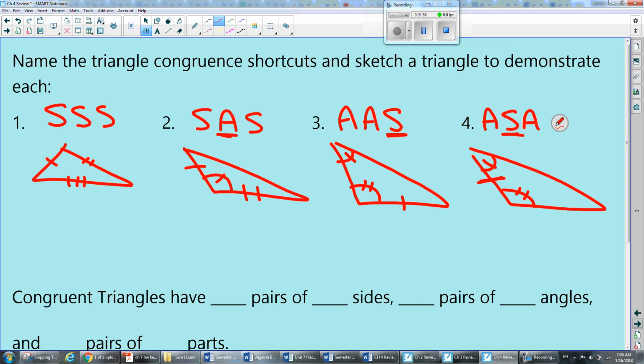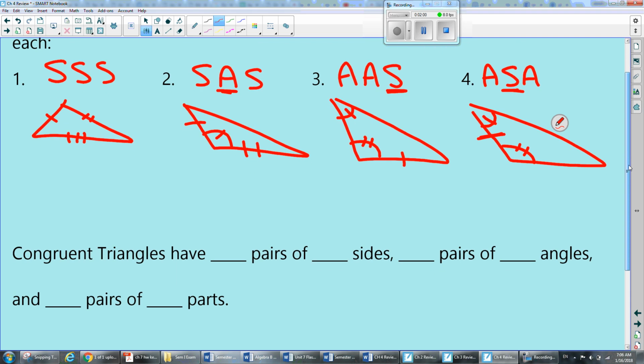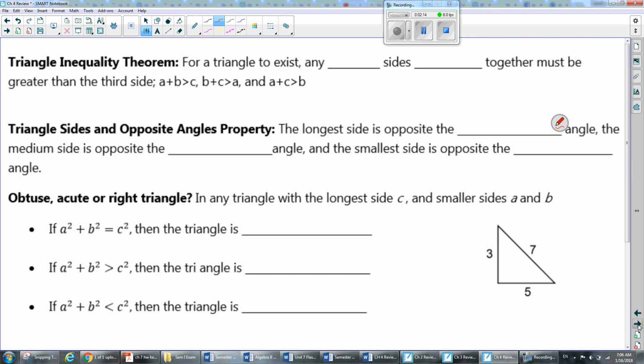Okay, so when you think about congruent triangles, they really have 3 pairs of congruent sides, 3 pairs of congruent angles, for a total of 6 pairs of congruent parts. So we talked about a triangle inequality theorem. For the triangle to exist, any 2 sides added together must be greater than the third side.